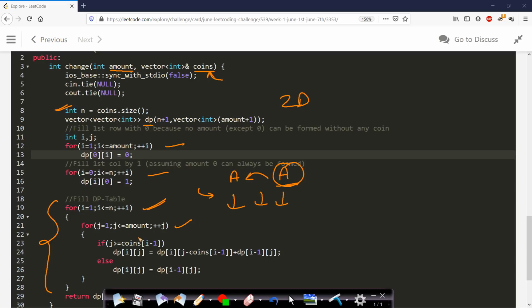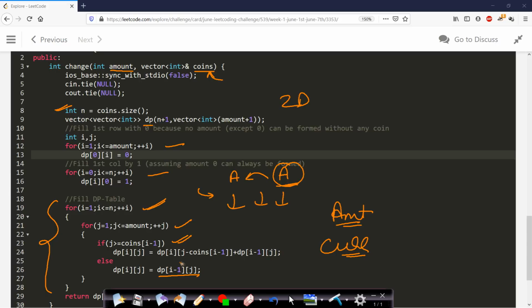Now what we are doing is, if j is greater than or equal to coins at i-1, that means we can include the current coin. Otherwise, if we cannot include the current coin, then we have just one option, we have to exclude that coin. Here j is nothing but the amount to be found. So if j is greater than or equal to coins at i minus 1, which is nothing but the current coin, then we will have two possible options.